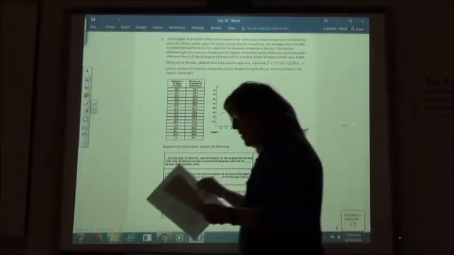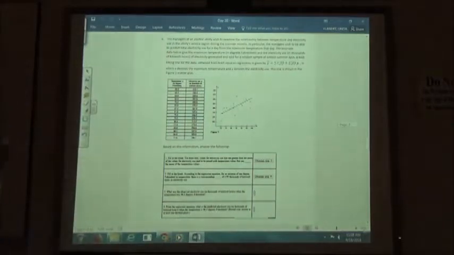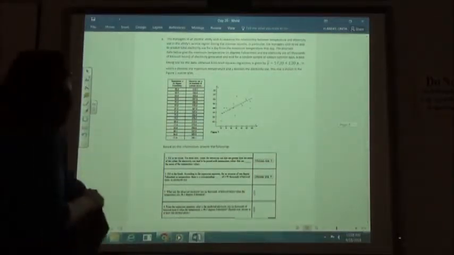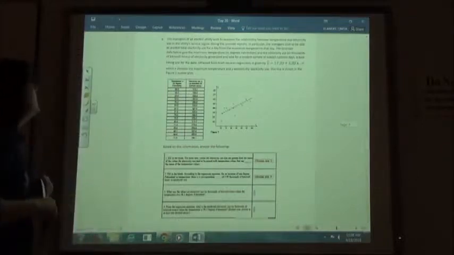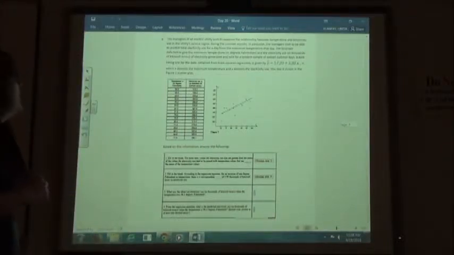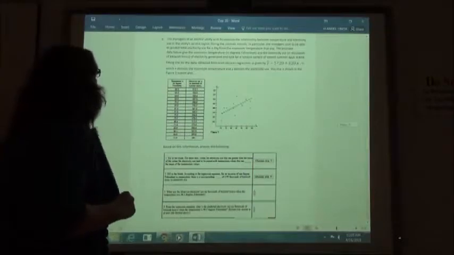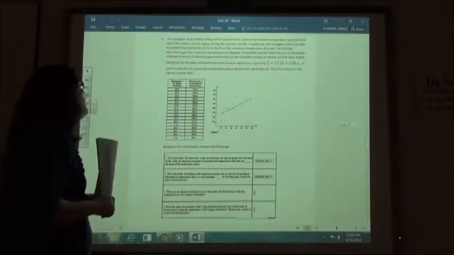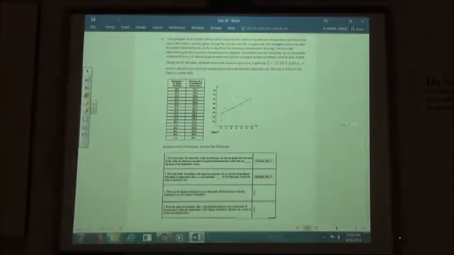Number 8 then. The managers of an electric utility wish to examine the relationship between temperature and electricity used in the utility service region during the summer months. In particular, the manager wishes to be able to predict total electricity use for a day from the maximum temperature that day.